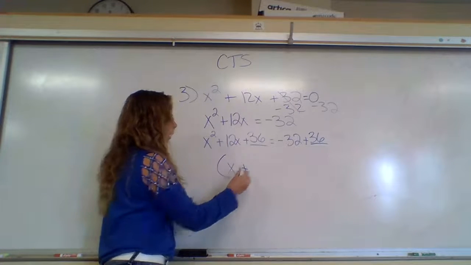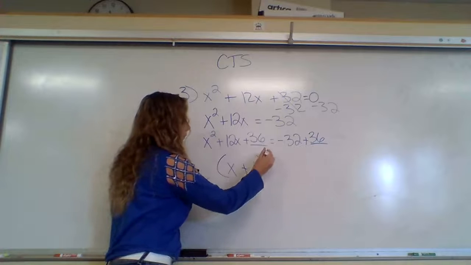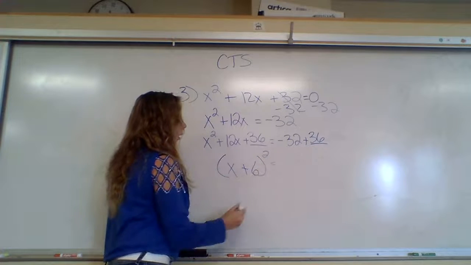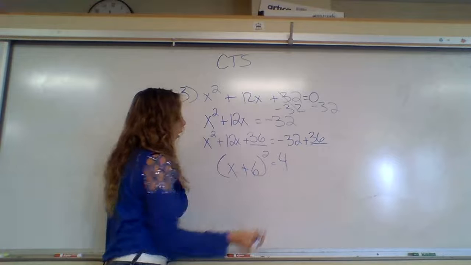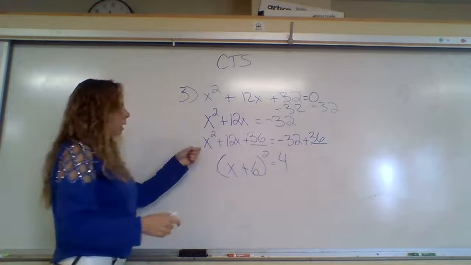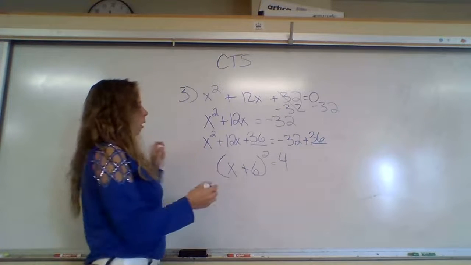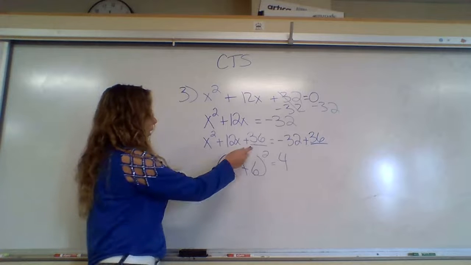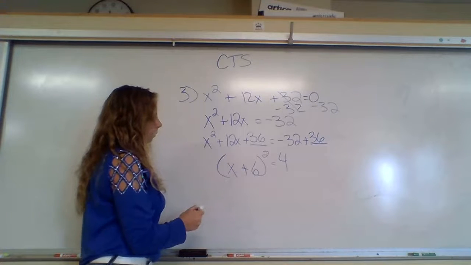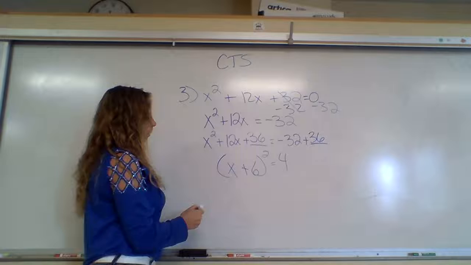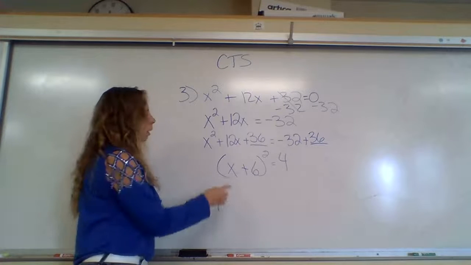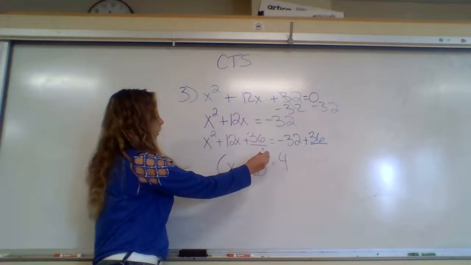Half of 12, which is 6. Also, you could take the time to factor this. Think of 2 factors of 36 that add up to 12. It would be 6 and 6. All right, so that's why it's x plus 6 squared.